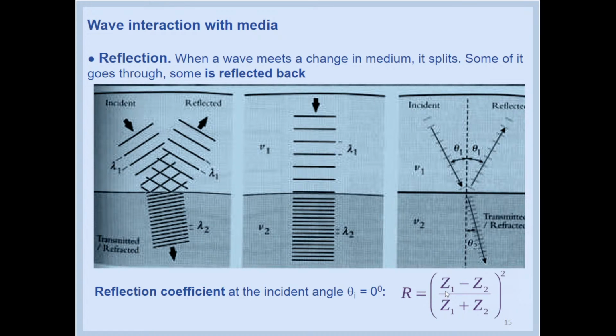And you can see the larger the difference between the acoustic impedances, the larger the reflection coefficient would be. It is greatest, equal to 1, at the contact of air and water.